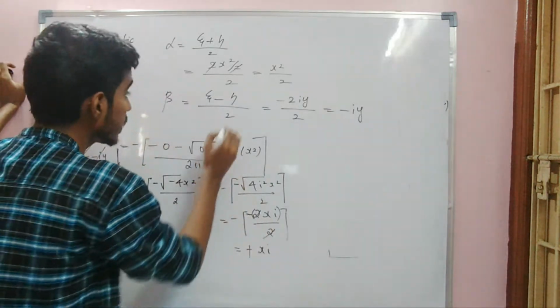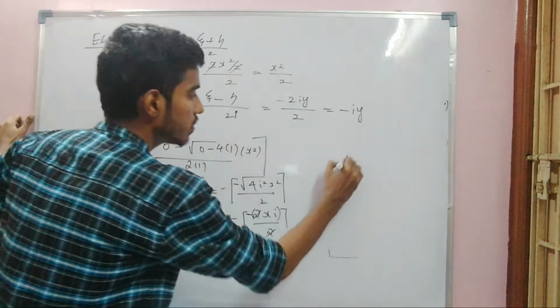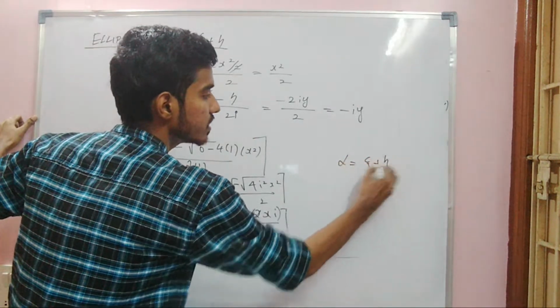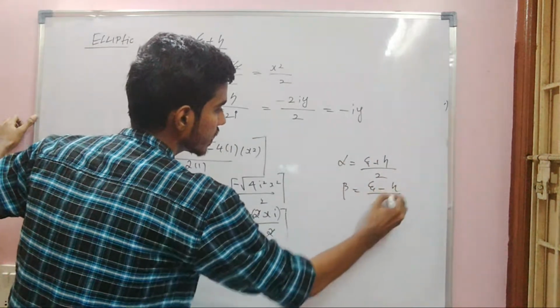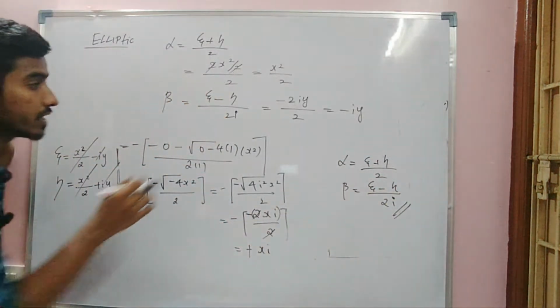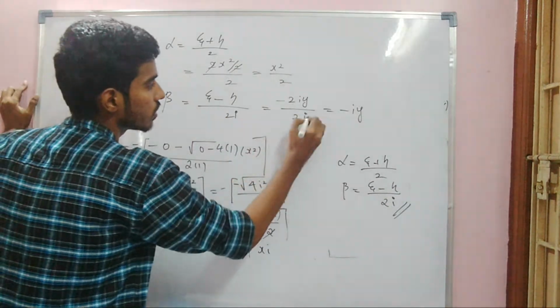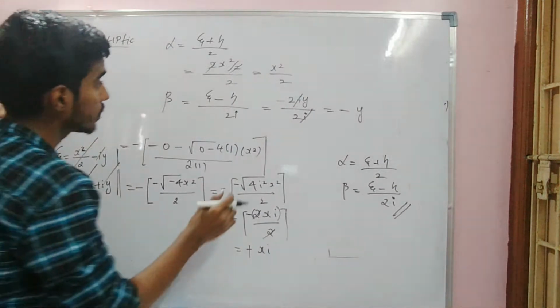Beta is theta minus eta by 2i. Please change the formula. So alpha is theta plus eta by 2 and beta is theta minus eta by 2i. Please make a small correction, 2i, right? So i will get cancelled.